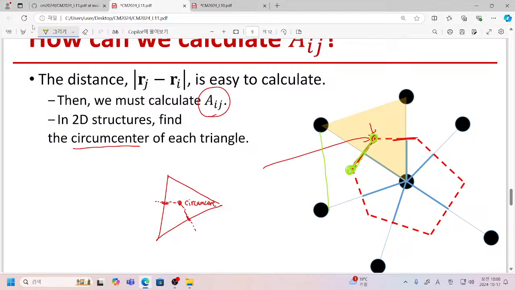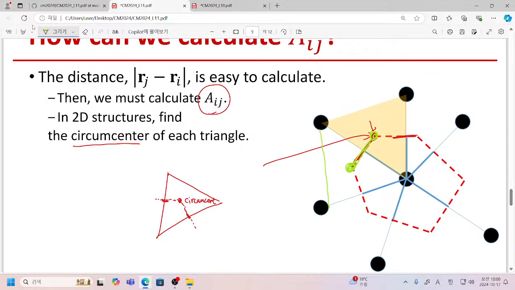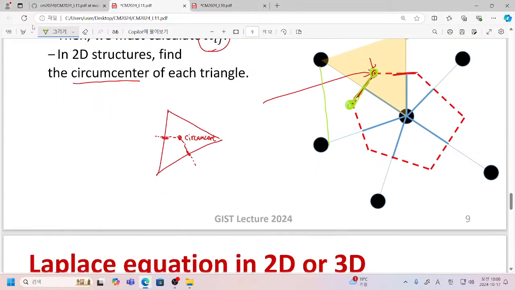But when we consider just the 2D case, it is relatively easy to calculate A sub ij. So please identify the circumcenters of your triangles, and you can calculate the distance between them. Not that difficult, so you can do it.